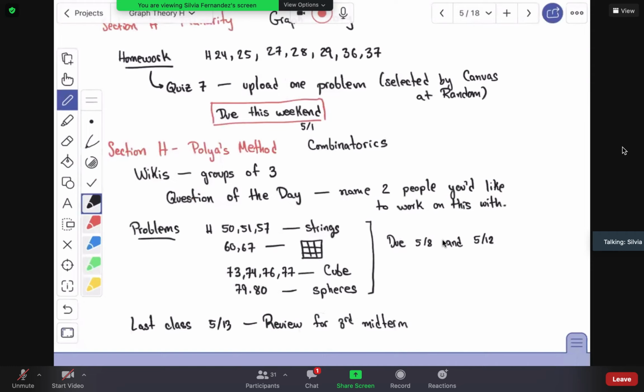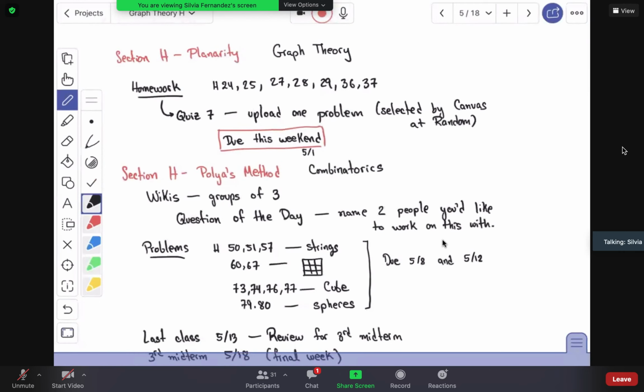Anything that's missing, any questions you have, I want to use that last day, and then we have finals week. It's not a final, the third midterm is on 5:18 during finals week, and I'll have instructions for that once we get closer to it. Okay, but this is just the plan, so you know what's coming. 2 more assignments and the midterm.